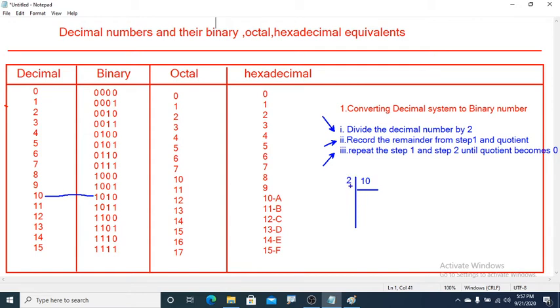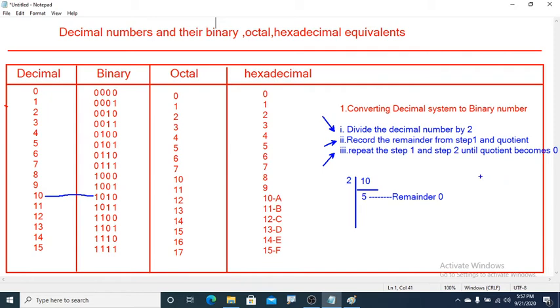Now 2 fives are 10, so it is divisible and 5 is the quotient. What is the remainder? 2 into 5 is 10, so the remainder is 0. You know this division from school days.